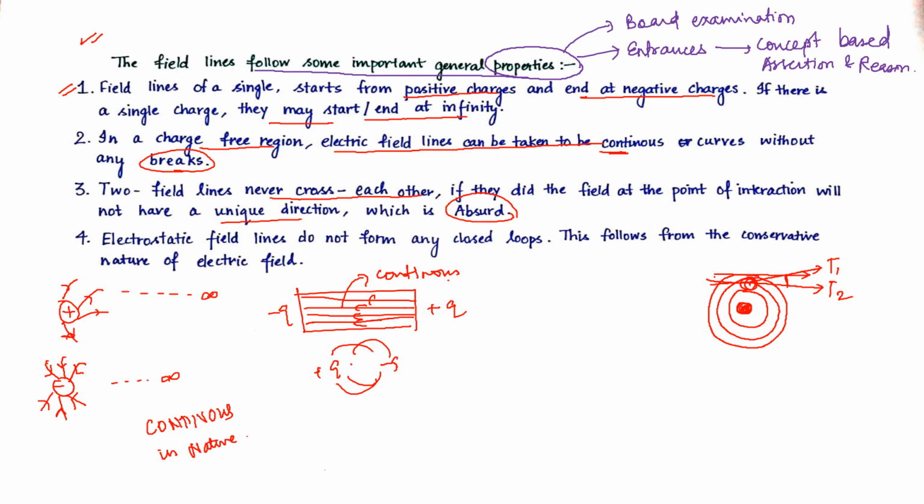It is not present at two different points, it is present at a single point in space. So it should give us a single direction. This makes the situation very much absurd. It's not called a complicated situation or a situation to be learned. This is not possible at all. From a single point we will get a single direction, that's all.